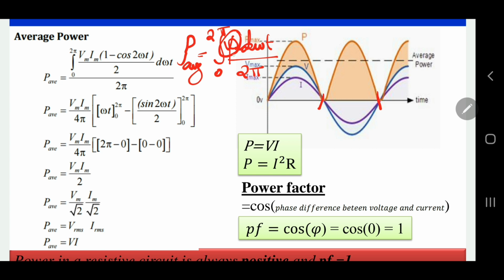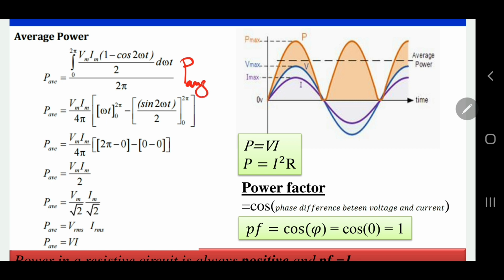So once more, average power is equal to the integral from 0 to 2 pi of small p d omega t divided by 2 pi, where small p represents the instantaneous power, which we already found. Now, just substituting that instantaneous power equation, d omega t divided by 2 pi. Now you can try to integrate by yourself and check whether your answers are correct.